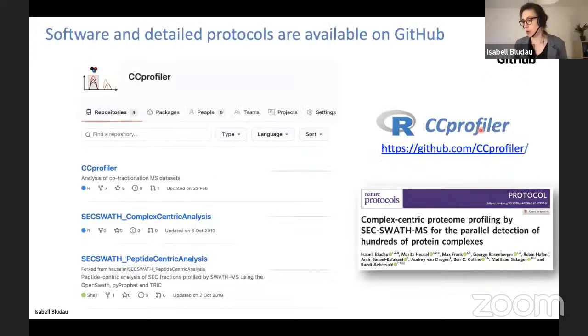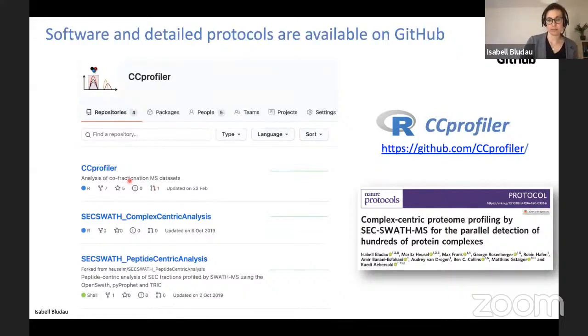Just for you to know what you can do with this, all of what I just talked about is available as an R package in the CCprofiler framework. Also all the COPF analysis steps are available in CCprofiler, and you can find it on GitHub.